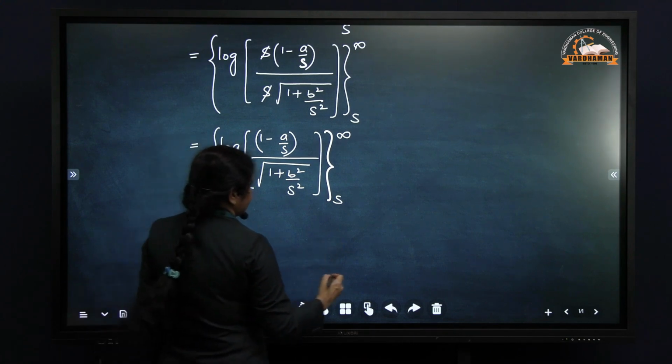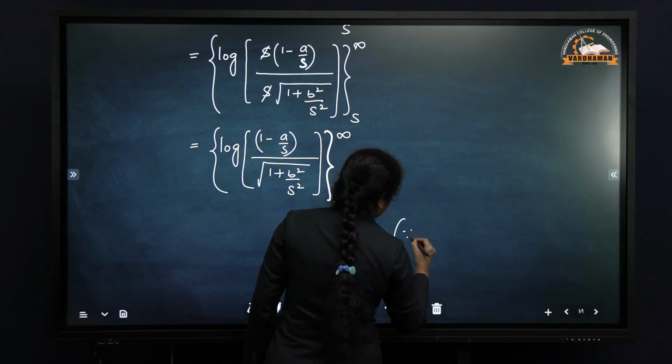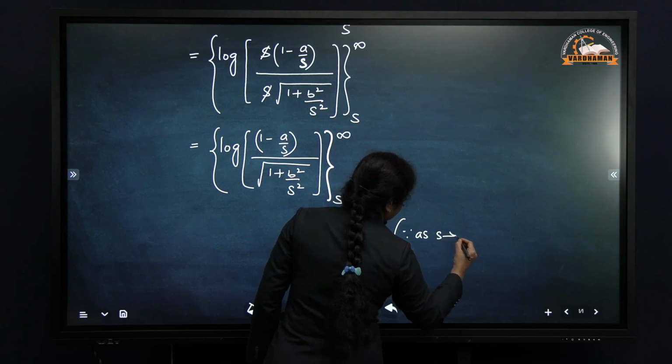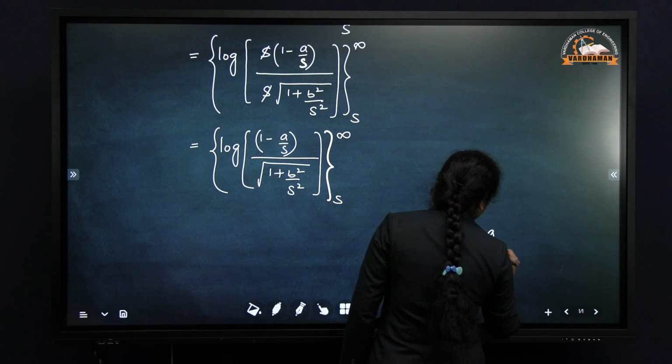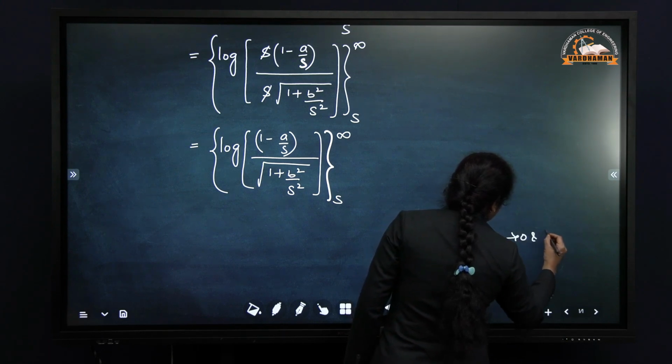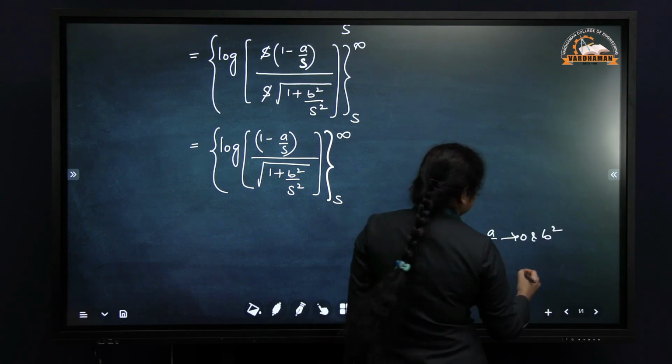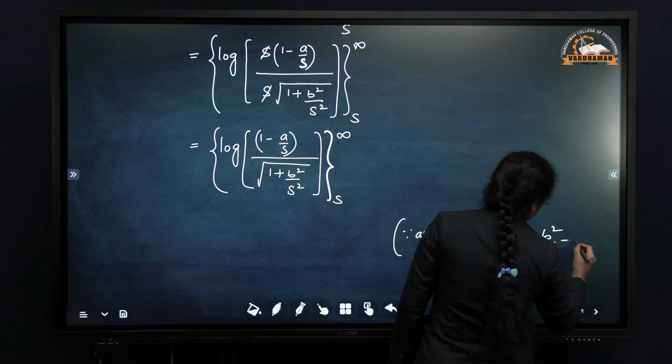Now as s tends to infinity, a by s tends to 0 and b square by s square also tends to 0.